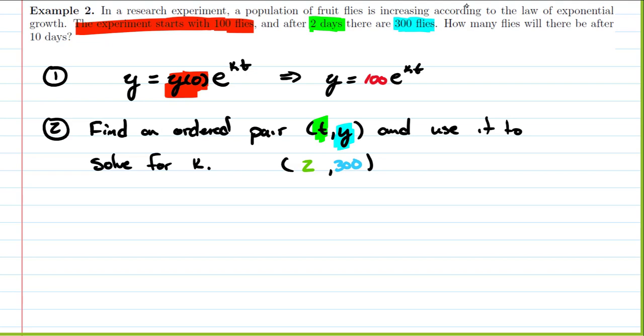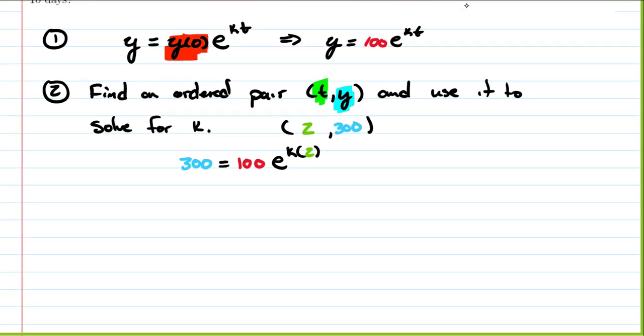So our y value is 300, so we get the equation 300 is equal to our 100 times e to the k, which we don't know, times our time, which is 2. And we need to solve this equation for k. So this is an exponential equation, so we need to get the exponential by itself. So we divide both sides of the equation by 100, and that gives us 3 equals e to the 2k.